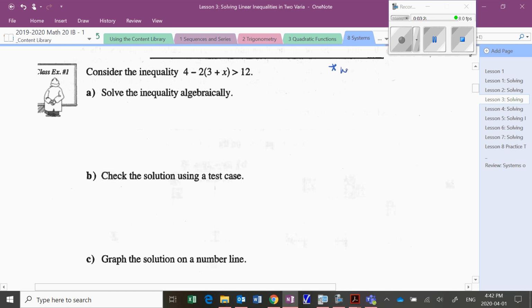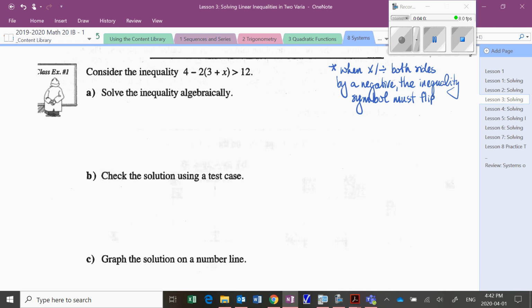So when multiplying or dividing both sides by a negative, the inequality symbol must flip. So if it was less than, it's now greater than. If it was greater than or equal to, it's now less than or equal to.